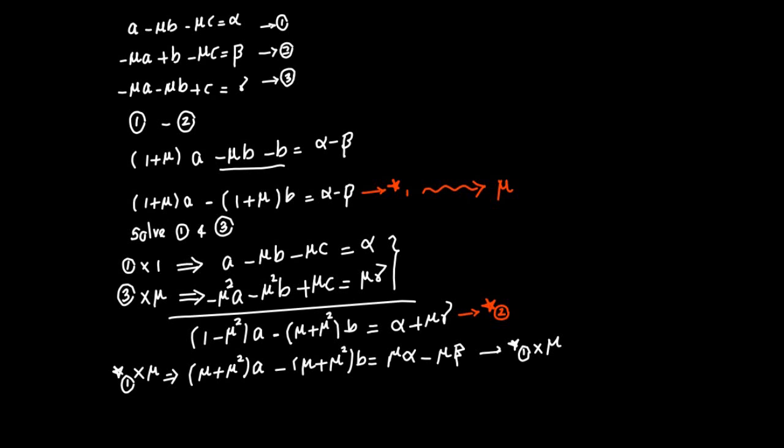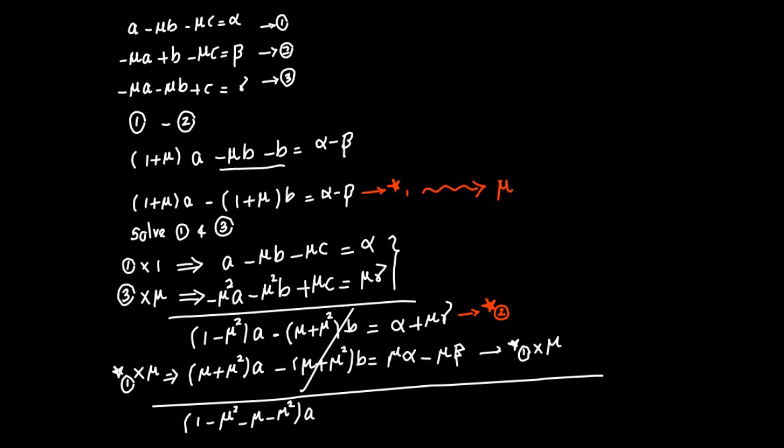Now I can simply subtract the two in order to cancel the B terms. If I simply subtract the two, I'll be getting 1 minus mu square minus mu minus mu square into A. If I just subtract them, these two terms will cancel each other out because minus plus, they cancel, right?